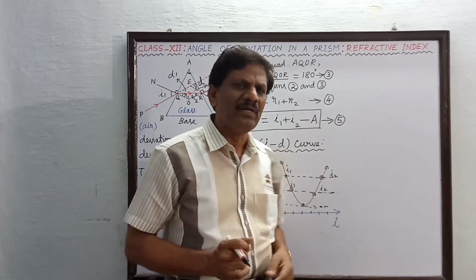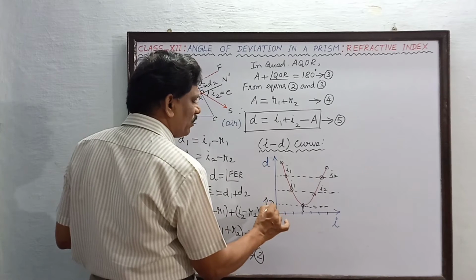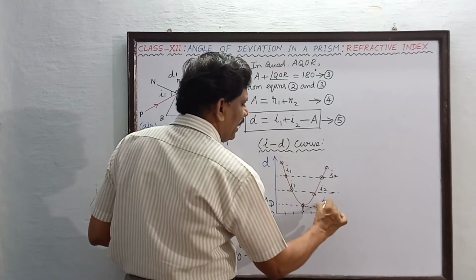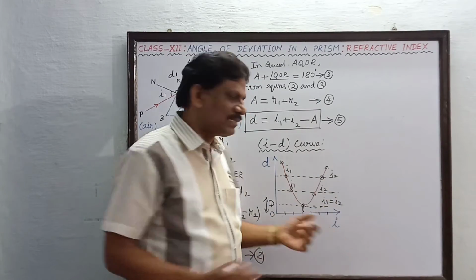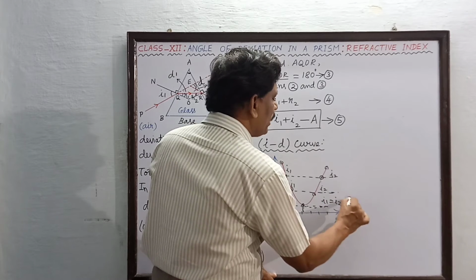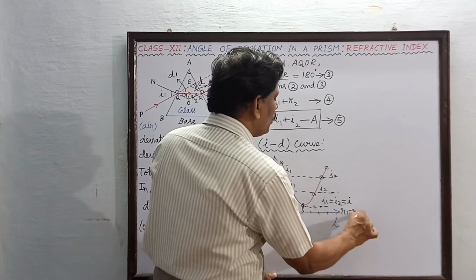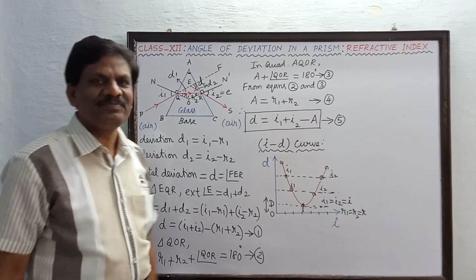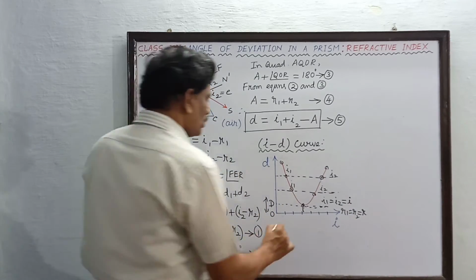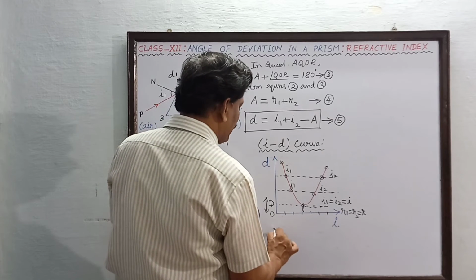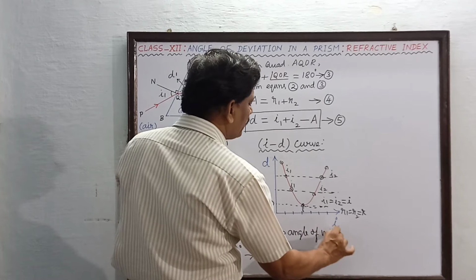The deviation is minimum, and at this point the angle of deviation is denoted with a symbol capital D, and here I1 is found to be equal to I2. That is, angle of incidence is equal to the angle of emergence. So I1 is equal to I2 is equal to I itself, and R1 is also equal to R2 is also equal to R itself. Understand? This will happen only at the angle of minimum deviation. So at this minimum deviation, capital D is called the angle of minimum deviation.